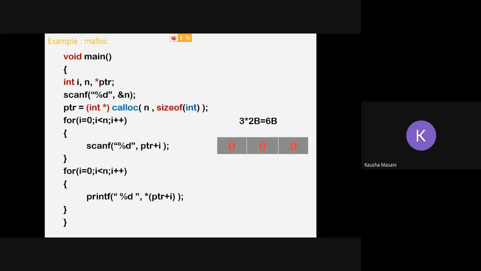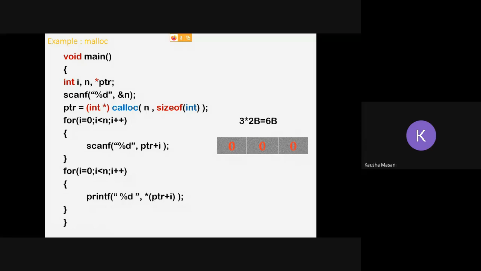It is not the case in malloc, but in calloc the memory blocks are initialized to 0. The syntax also changes because in calloc we are giving n comma size of integer. So that is the change. Rest of the things remain the same.